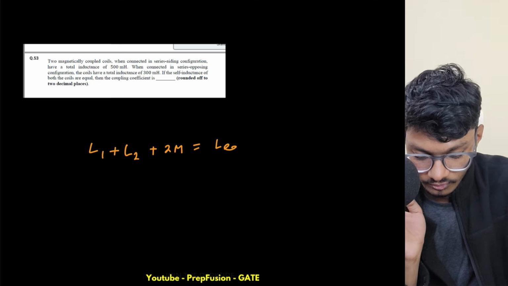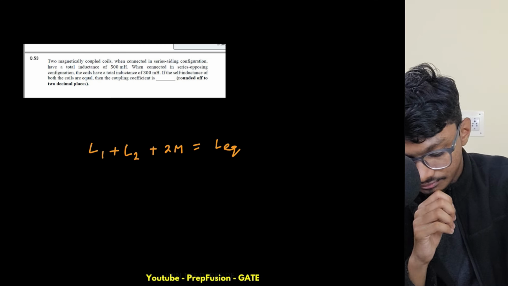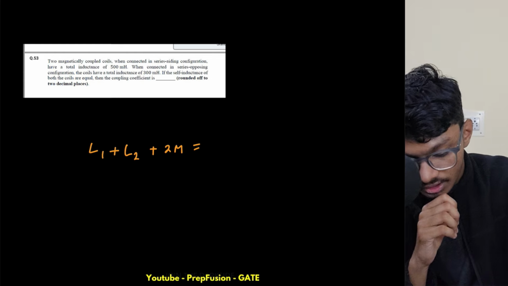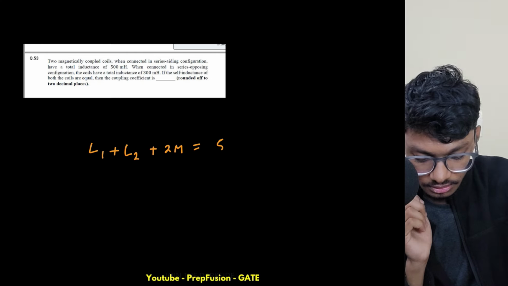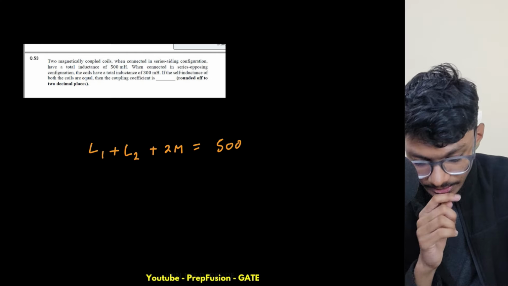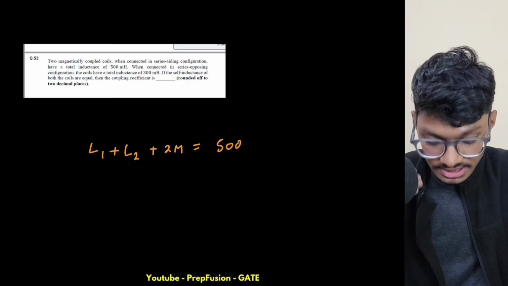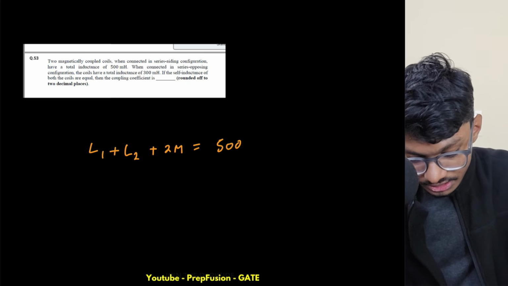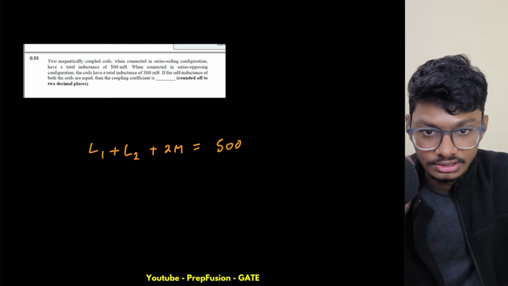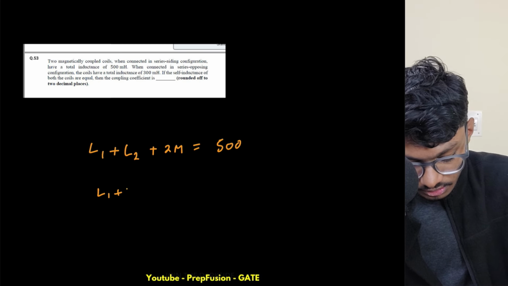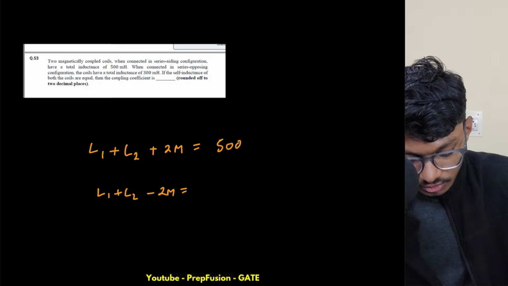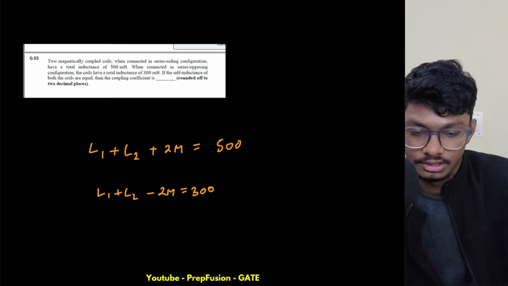Okay, this will be the L equivalent of series aiding configuration, and the total inductance equals 500 millihenry. Then when connected in series opposing configuration, the coils have a total inductance of 300 millihenry. So L1 plus L2 minus 2M equals 300 millihenry.